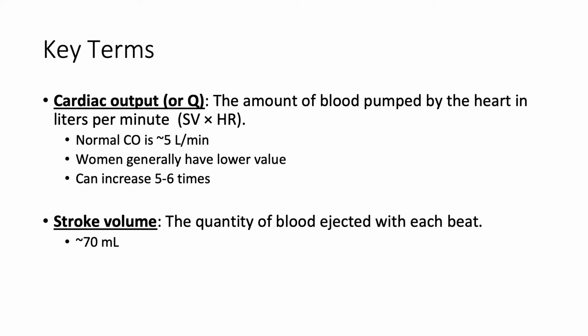But when we start exercising, cardiac output can increase 5 to 6 times above its baseline or resting values. When we look at stroke volume, this is the quantity of blood ejected with each beat and is usually around 70 milliliters. This variable is important because it's involved in calculating cardiac output, and also it's important in the adaptations as stroke volume increases with aerobic training.